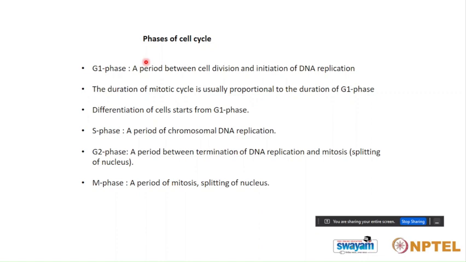Actually, cell division is the last phase of cell growth, and initiation of DNA replication is the first phase of cell growth. So between these two stages, G1 phase occurs.